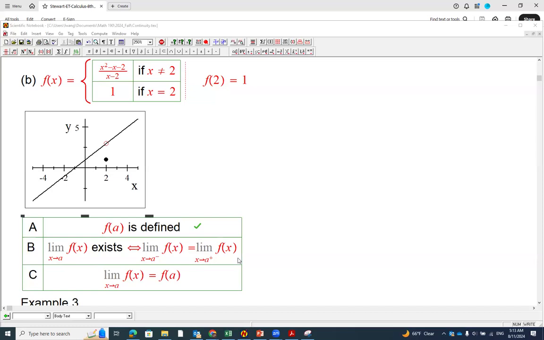The second condition is also checked: limit from left, limit from right, the same. But the last condition is not satisfied, because the limit is not the same as the function's value at that point. So that's number two.